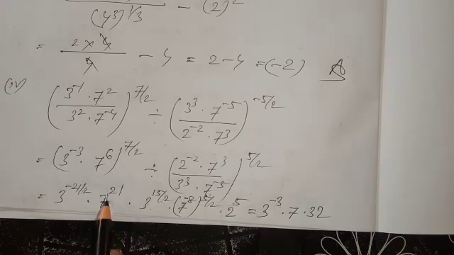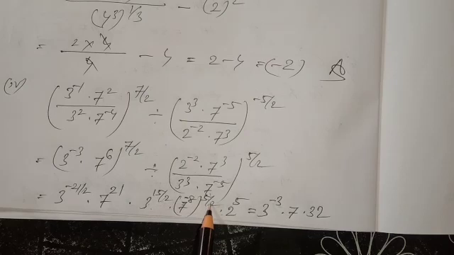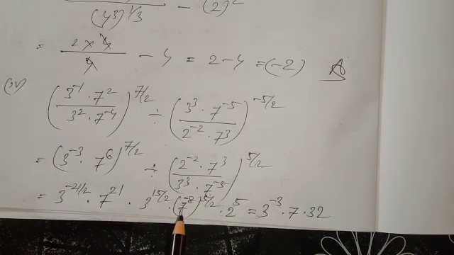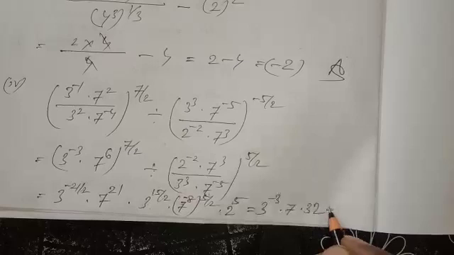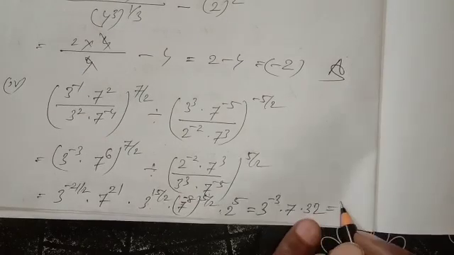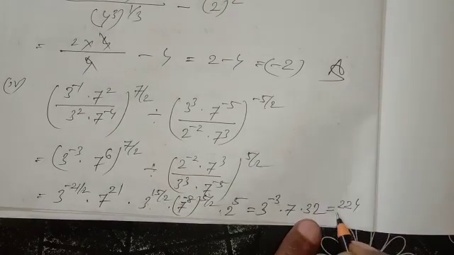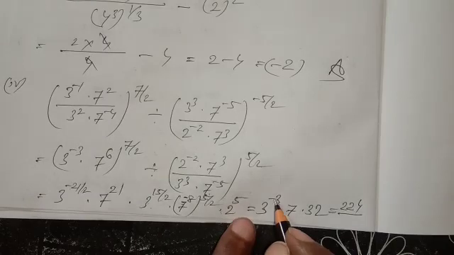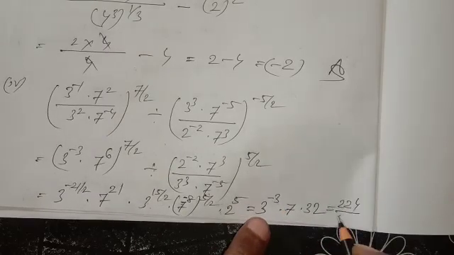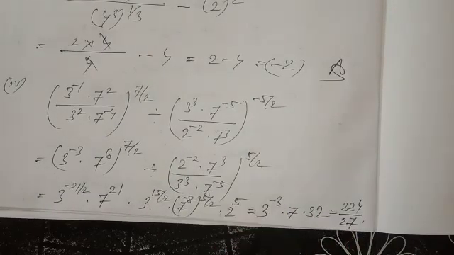And 7 to the power 21, here 7 to the power minus 8 whole to the power 5 by 2, it will be minus 20. 7 to the power 21, 7 to the power minus 20 will be 7 to the power 1, means 7. And 2 to the power 5 means 32. 32 into 7 is 224, divided by 3 to the power 3. It will be positive if you take it down, 27. This is the answer of number 1 fourth part.